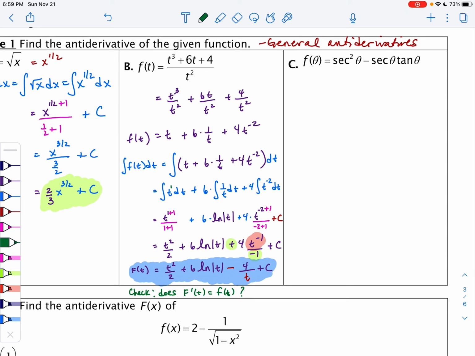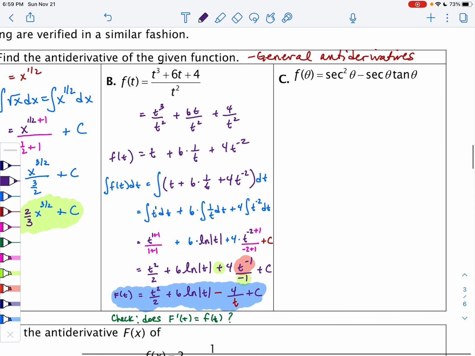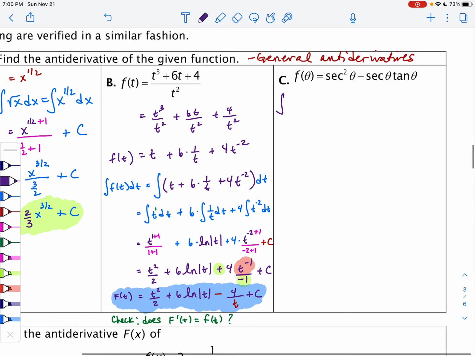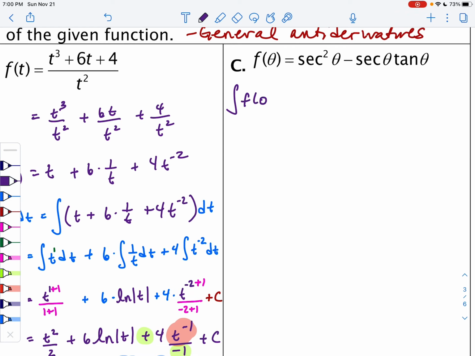In our final example for this video, let's look at f of theta equal to secant squared theta minus secant theta tangent theta. If I'm finding the general antiderivative, we are taking the integral of f of theta d theta, and that's going to be the integral of secant squared theta minus secant theta tangent theta d theta.